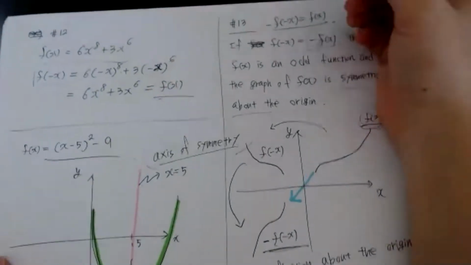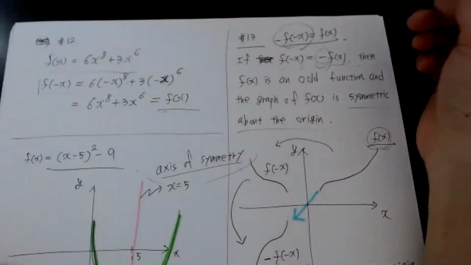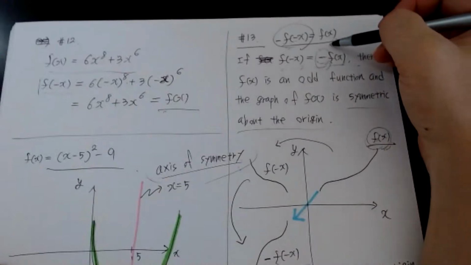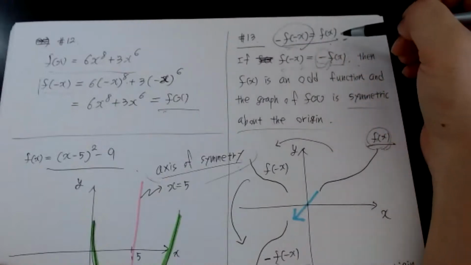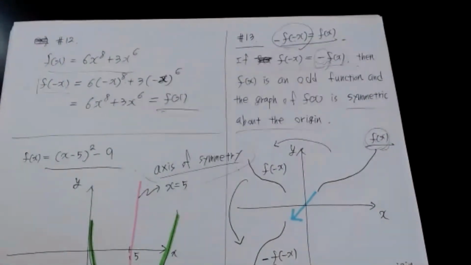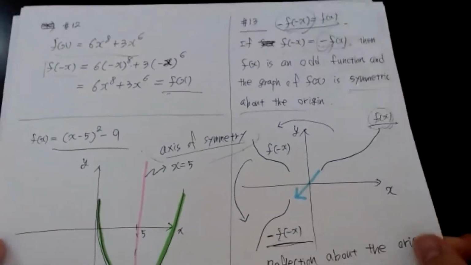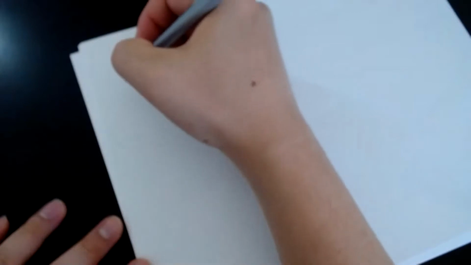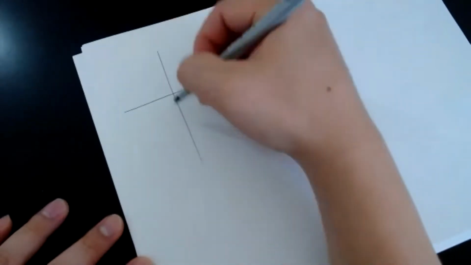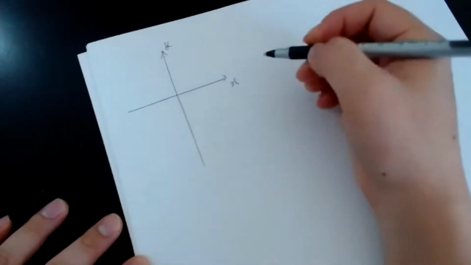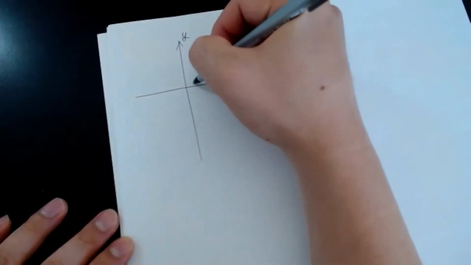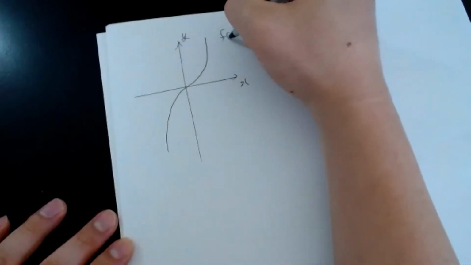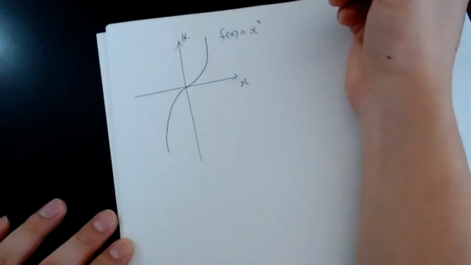You see that negative f of negative x? That's the reflection of the graph of f of x about the origin. These two are equal, which means their graphs are identical. What kind of example satisfies this? Guess what? The cubic functions. The graph of the cubic function f of x equals x cubed is this.